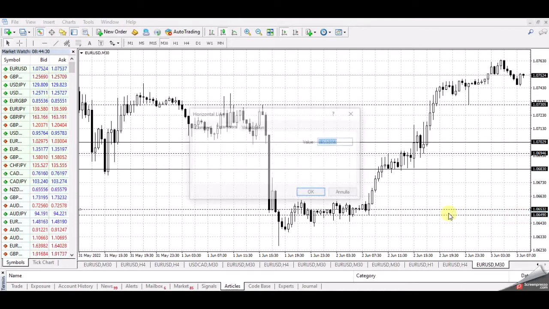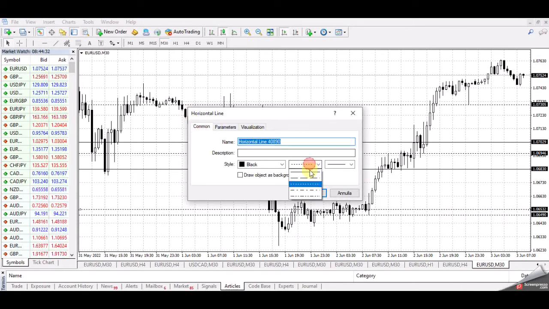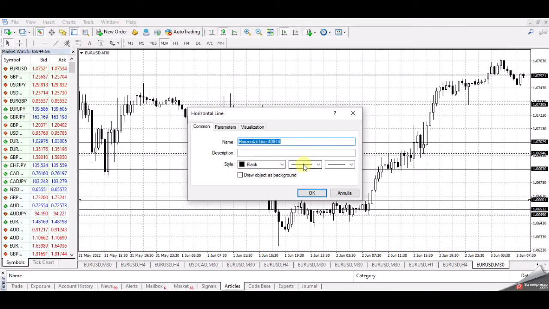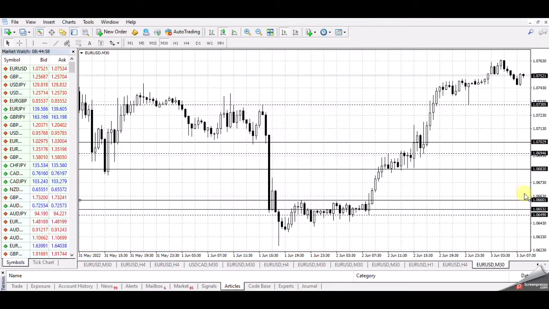You can put a target here. Okay. The last swing high was 0.660. Okay. So this is another target.